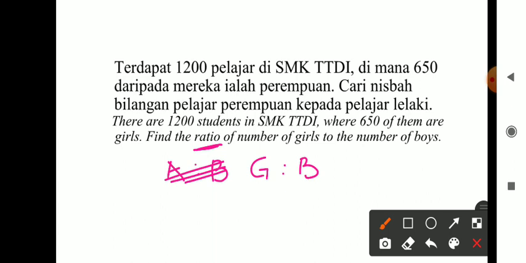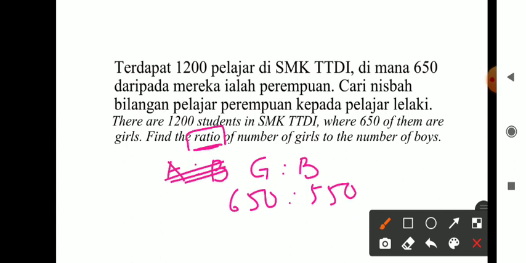G stands for girls, so there are 650 girls. The number of boys is 1200 minus 650, which is 550. For this ratio, the teacher always wants you to simplify the answer to the simplest form. Actually, you can use your calculator. 650 to 550 means 650 over 550.